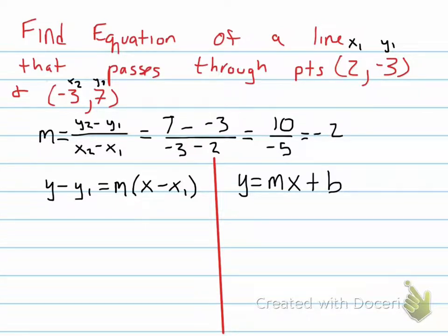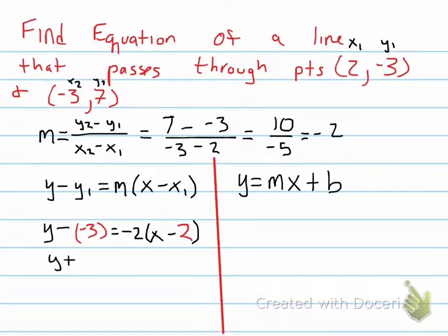So we're going to use that to solve for b now. For this side, I plug into the equation y minus y1, which we've labeled, equal to the slope, -2, times x minus x1, which we labeled. So now it's going to look like this. I made them in red so it's easier to see. I'm going to do this all in black.